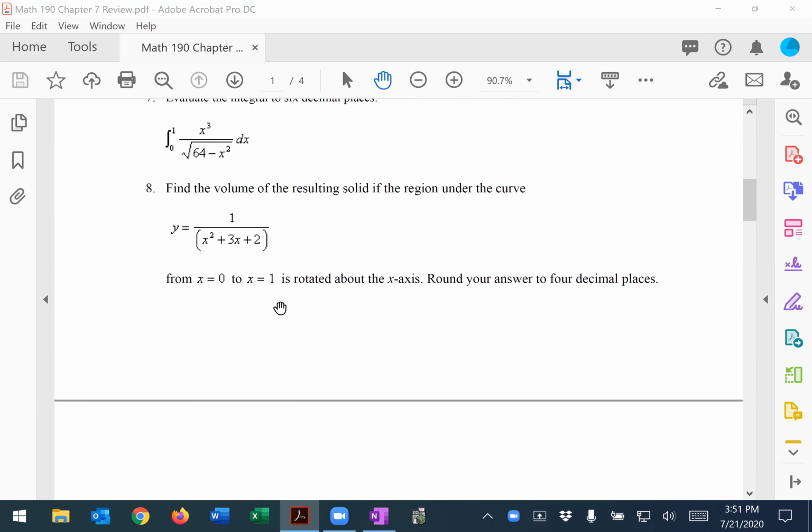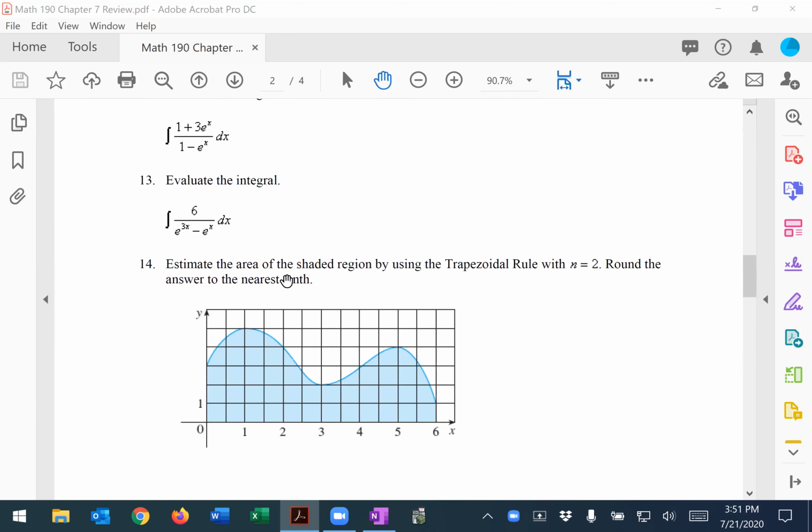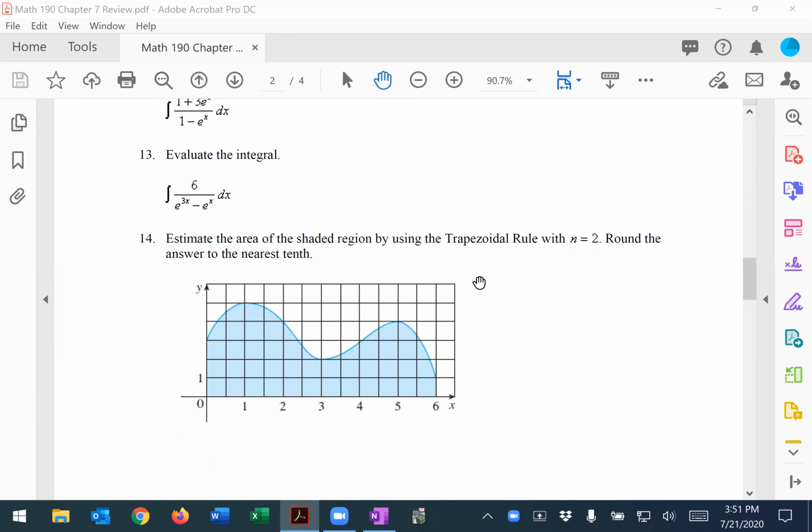Number 14: estimate the area of the shaded region by using the trapezoidal rule with n equals 2. Round the answer to the nearest tenth.